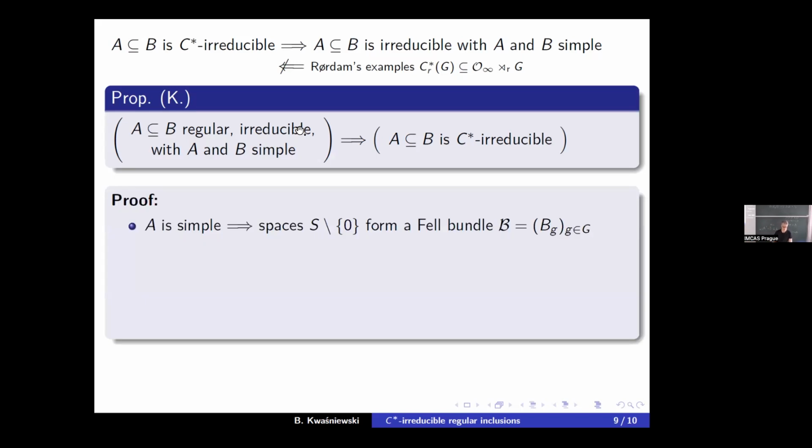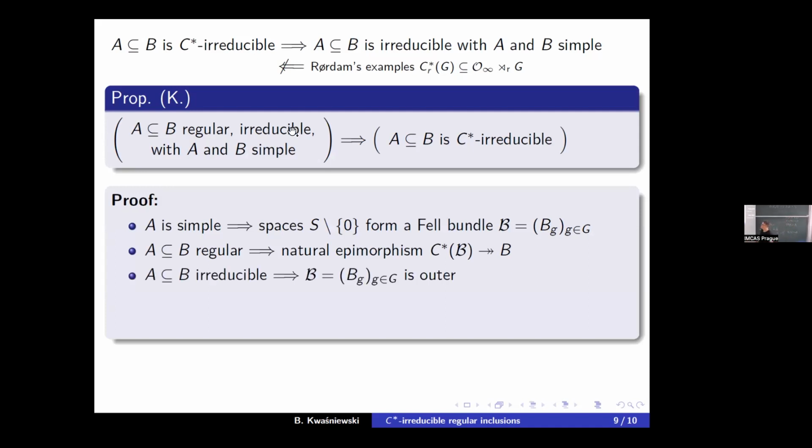And here's the proof. Since A is simple, the slices form a Fell bundle over a group. So this is what I roughly explained here. Then regularity gives you that we have this epimorphism from the universal algebra to B. And then irreducibility, in fact, just means that there's a Fell bundle outer. And this is easy to see. And outerness is aperiodic because we assume that A is simple.